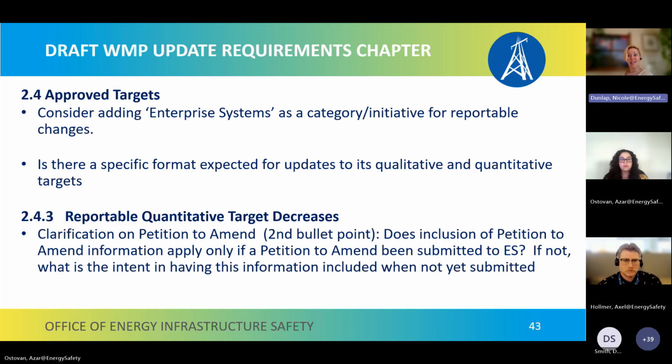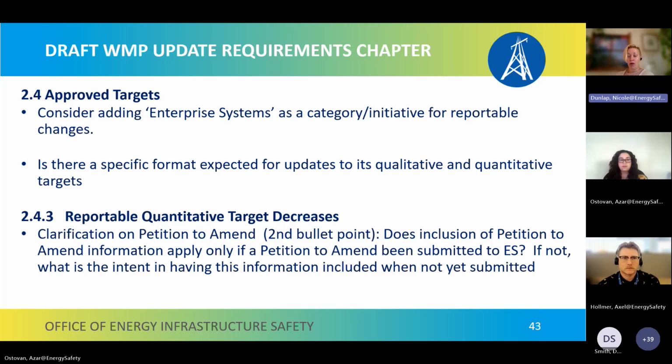If a utility does have a GRC final decision in hand, the utility has two options. They can either submit a petition to amend its entire base plan. So say we just approved a base plan and a month later you get a GRC decision. The timing of that decision best lends itself to file a petition to amend the most recently approved WMP.